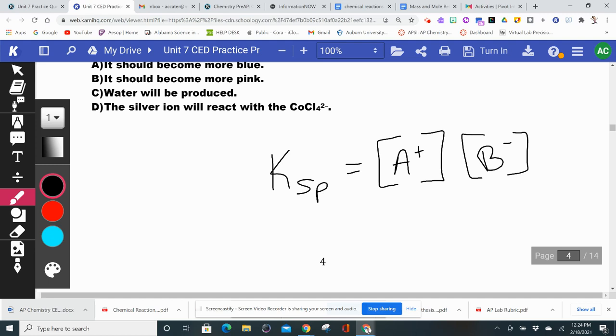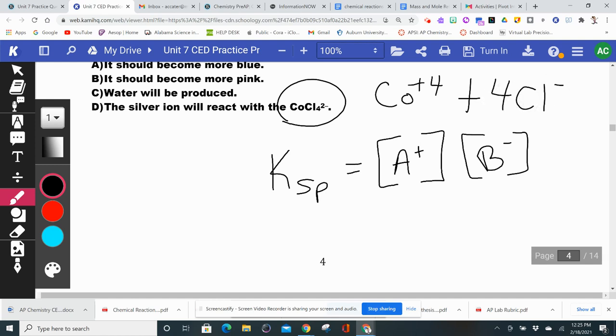So if in the equation you had a coefficient of 2, then you would raise it to the second power. The other thing to remember, like if we took this as an example, cobalt chloride split up into cobalt ions and 4 chlorine ions.